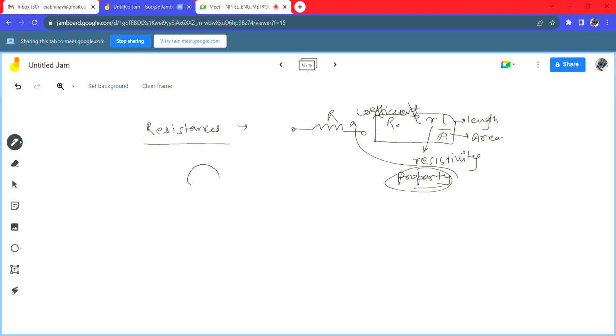So if we have a system like this, which has some output resistance, now if we apply force over here, and you know force is equal to pressure into area, or rather pressure is equal to force per unit area.